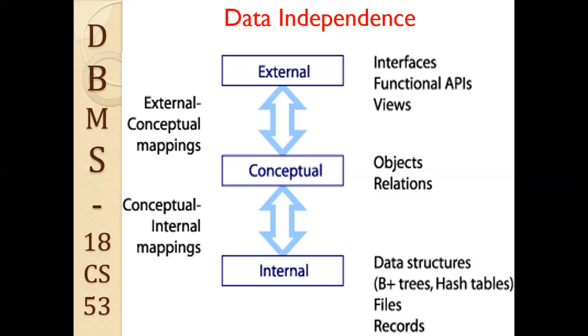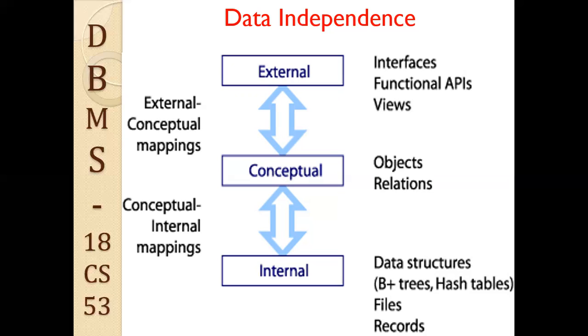Then I may move the data from hard disk to a CD, then to a flash drive, then to a floppy drive. Like this, I can change the storage devices also. Whatever changes I make at the internal level should not require any changes at the conceptual level.